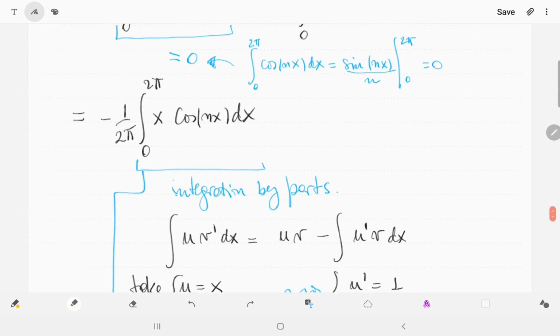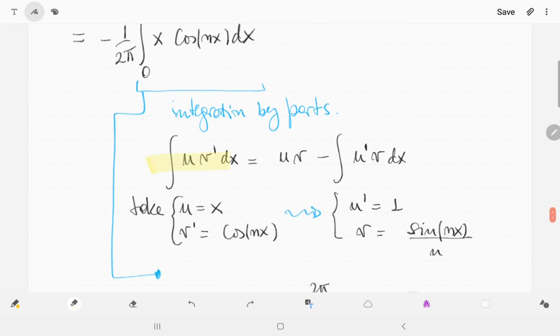Now, integration by parts, which is this formula here. We choose u equal to x, so the derivative is only 1, and we simplify the integral in the future calculation. We choose v prime to be cosine nx, so v could be sine nx over n.